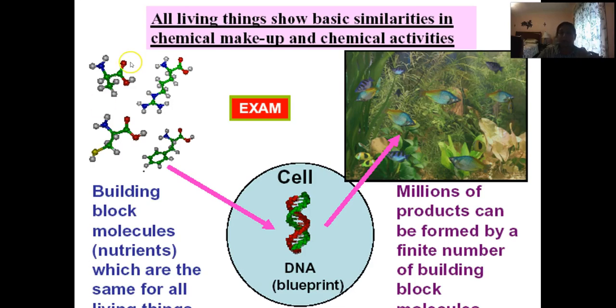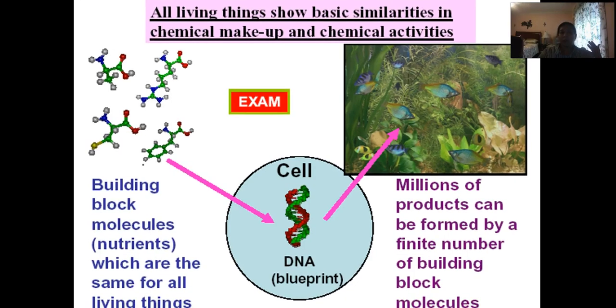So all living things will show some overlap in the chemical makeup and the chemical activities that are happening within their cells. For all living things, they are made up of either a single or many cells coming together. The cells contain DNA that provide the blueprint for that particular organism.